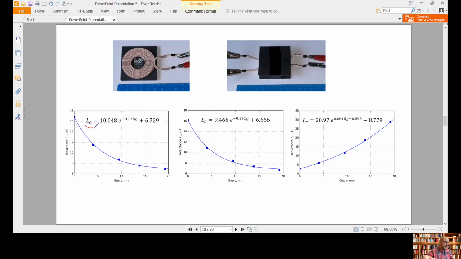So we have here LA, LB and LC obtained as a function of the gap in the circuit. We can see the evolutions when we increase the value of the gap in millimeters. And this allows us to perform different analyses and simulations with different values of the gap.